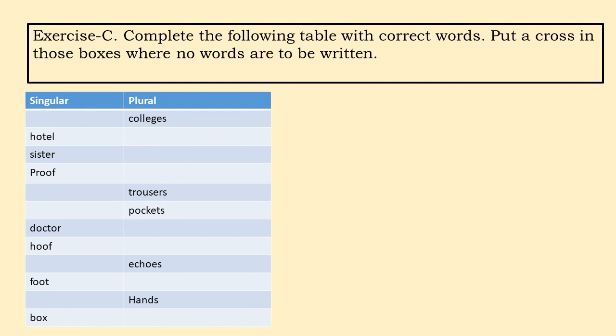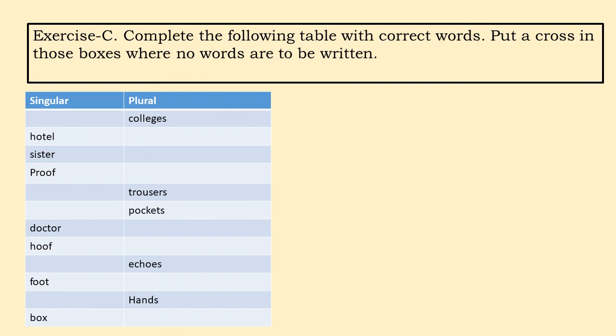Sister, proof. Then comes trousers. Now we are reading the plural here. And then comes pockets. Then comes doctor, hoof.